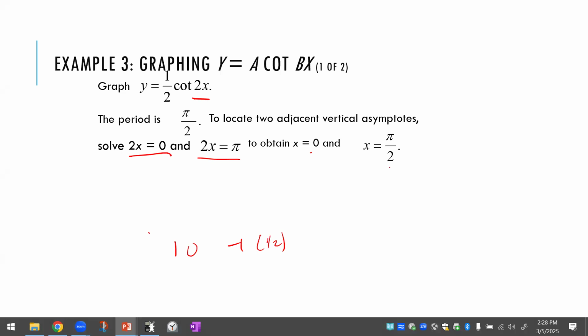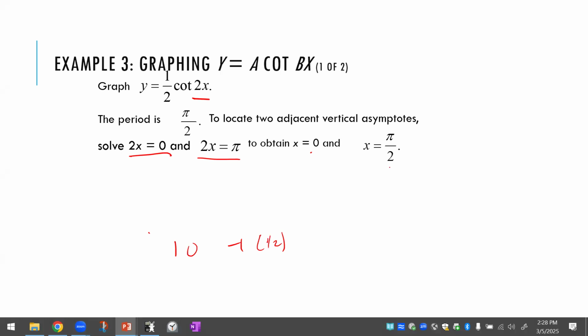Okay, so our period is pi over 2. And now we got to find our halfway point. So it's halfway between 0 and pi over 2. Pi over 4. And then halfway between 0 and pi over 4. Pi over 8.